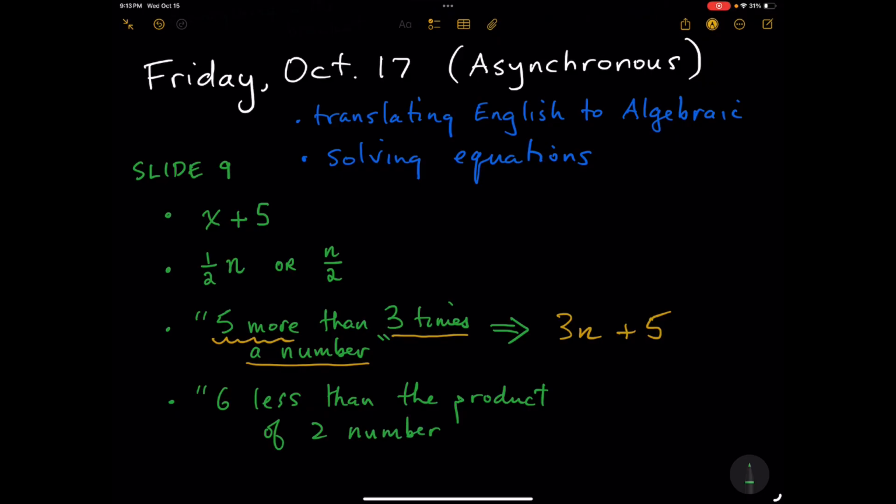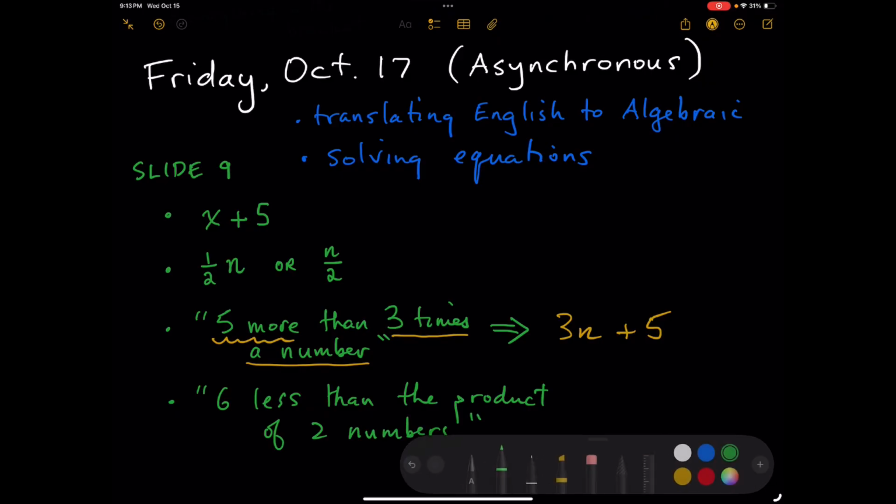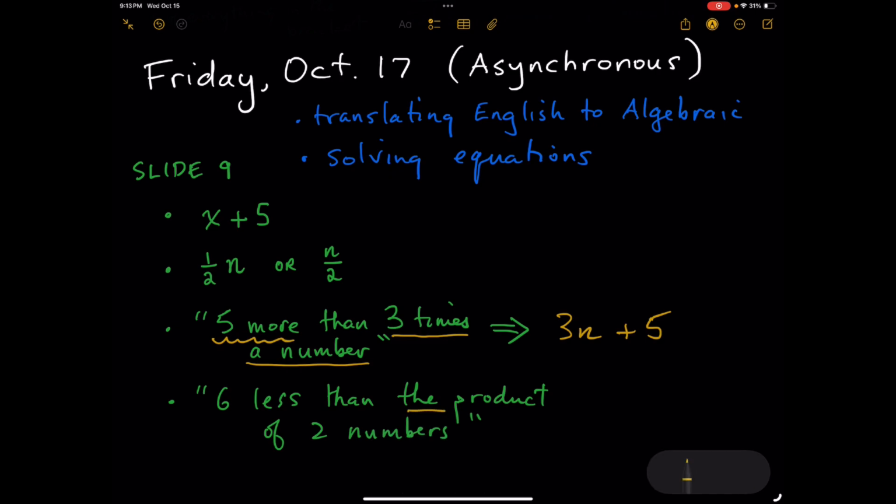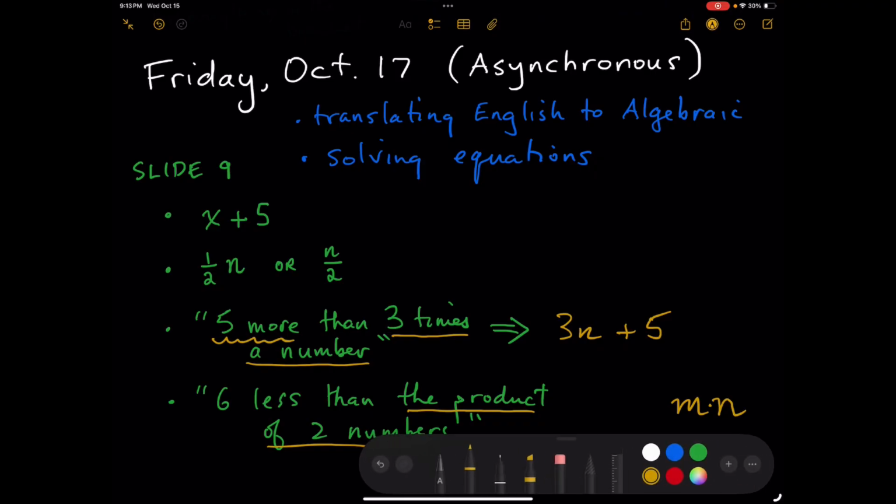So let's just break that apart a little bit, because the product of two numbers, we could write that as maybe one number is m and one number is n. So if you write m and n side by side, that's basically saying a product. Product means multiply, and mn is the product. And we need to make 6 less than that.